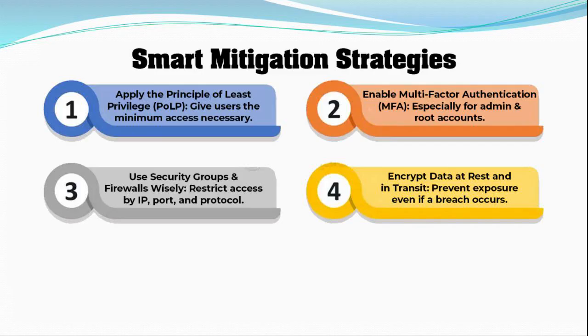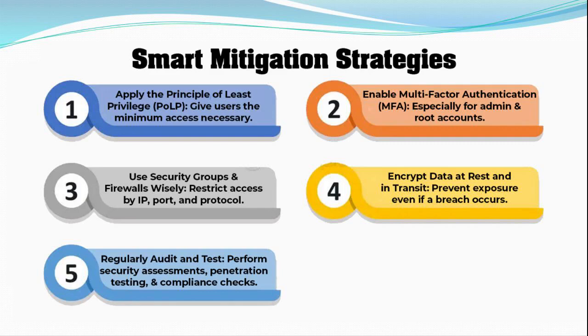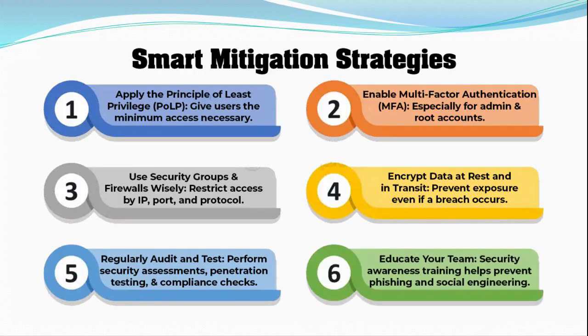Encrypt data at rest and in transit to prevent exposure even if a breach occurs. 5. Regularly audit and test: perform security assessments, penetration testing, and compliance checks. 6. Educate your team. Security awareness training helps prevent phishing and social engineering.